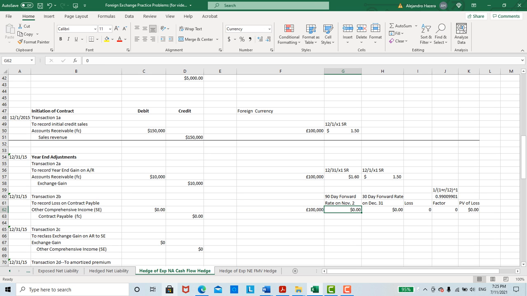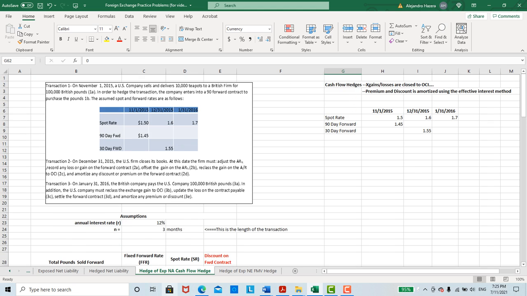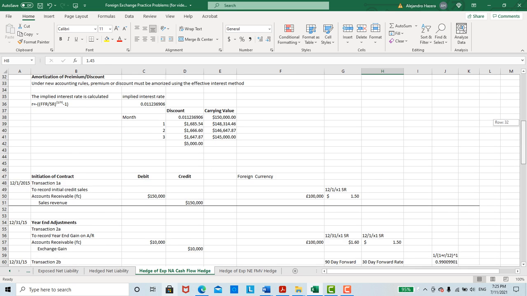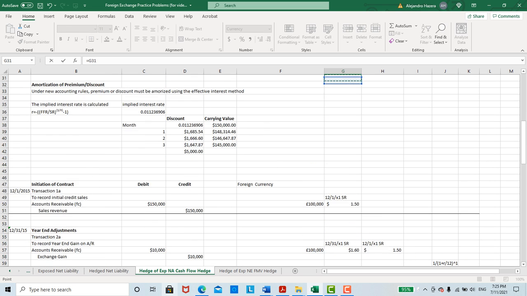When you signed this contract, it was on November 1st, or November 2nd as I put here. Sometimes you do that, but it's basically November 1st. When you signed this contract, the 90-day forward rate, the predicted rate, was $1.45. That's how much the contract was worth at that date, reflecting the value of the contract at that date. So we'll plug that number in.